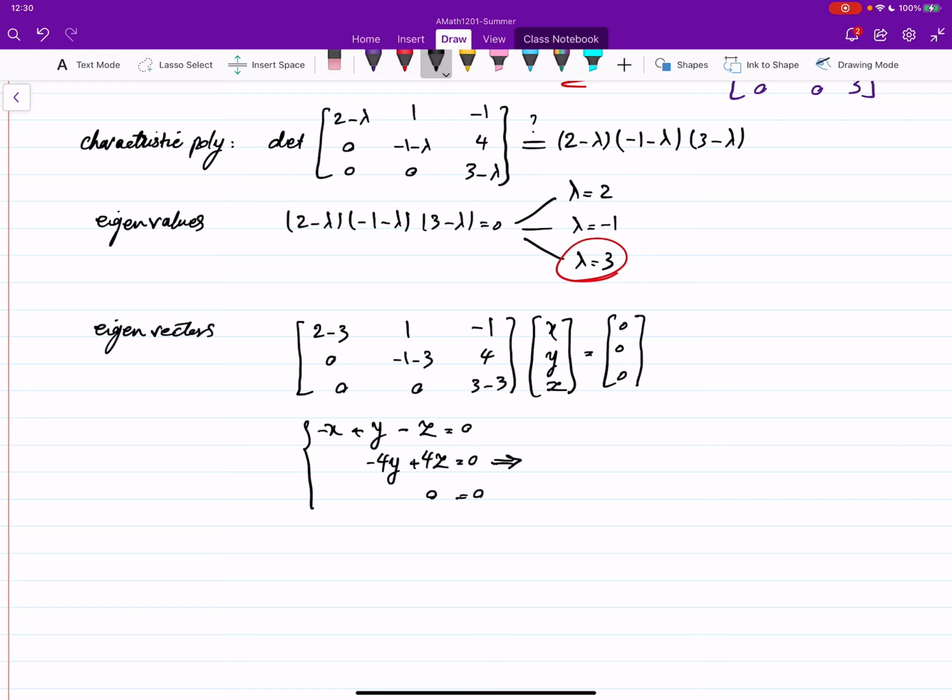And just looking at the second equation, this tells me that y must be equal to z. So let me just write this one. No condition for z, but this implies that the second component must be equal to the third.